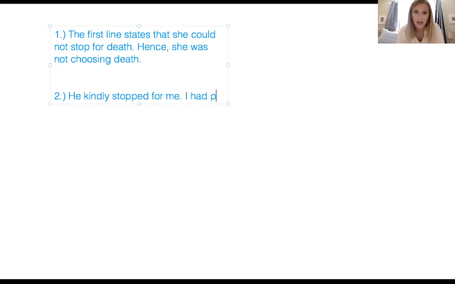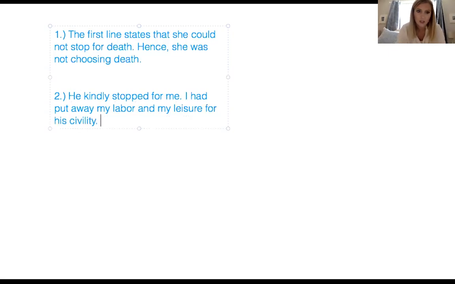And she says, I had put away my labor and my leisure too for his civility. So that means she stopped what she was doing. She put away her work and her play, and she's going to get into the carriage. Okay, let's do one more.